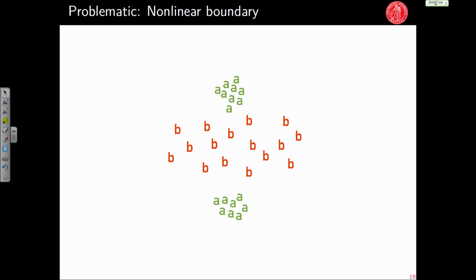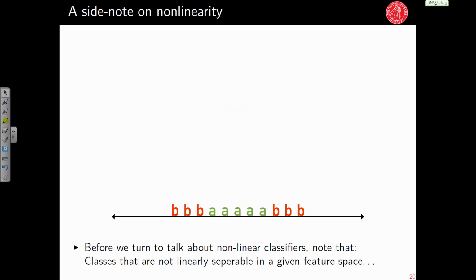So this is a case where Rocchio will fail because the decision boundaries that it draws are actually linear. So here we will have to look at algorithms like KNN that are able to handle non-linear boundaries. But before that, let me make a quick comment on linear and non-linear boundaries.